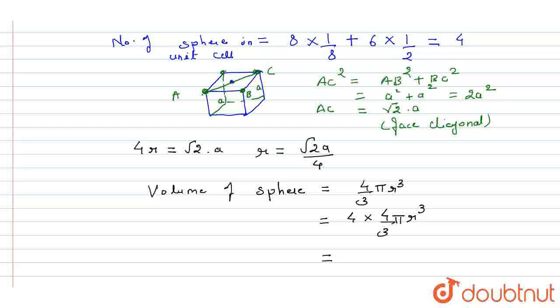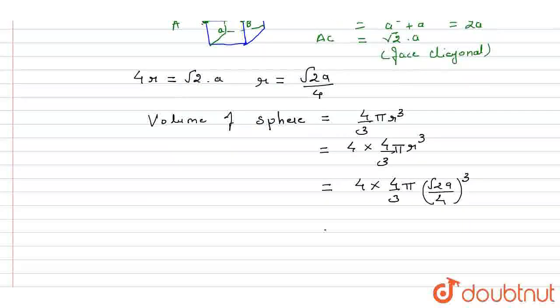Substituting the value, we get 4 into 4 by 3 pi, root 2 a upon 4, whole cube. Now calculating this further, we take the fraction of volume occupied to identify the value of packing efficiency.